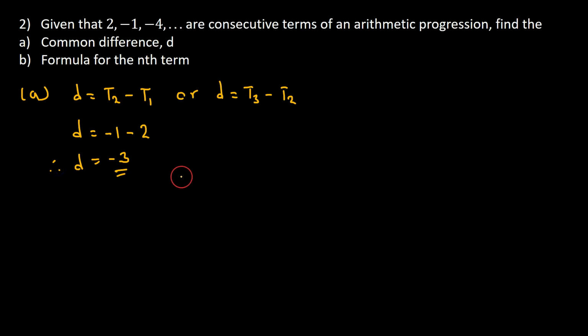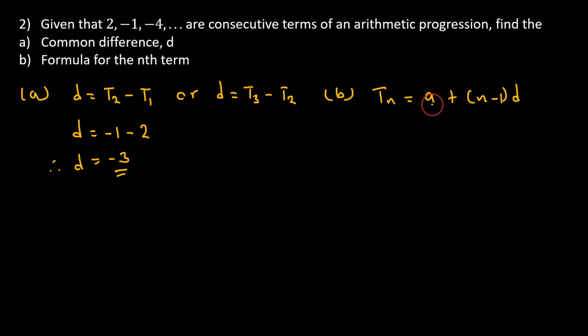And then we can move on and solve for the formula for the nth term. We do the same as previously. We write the formula a plus (n minus 1) d.